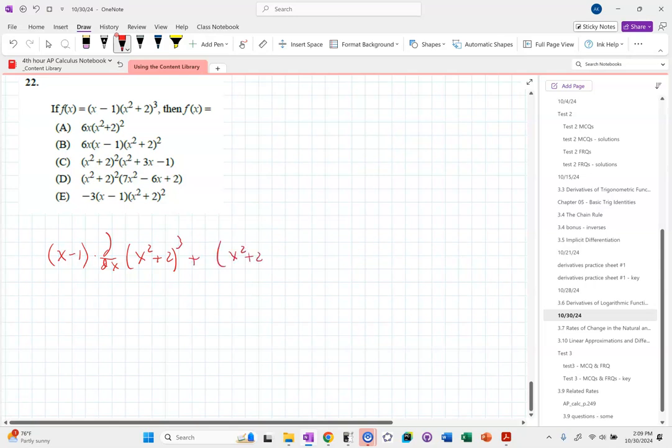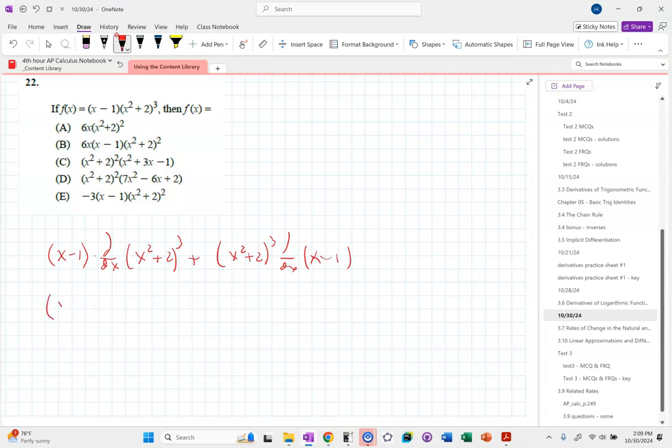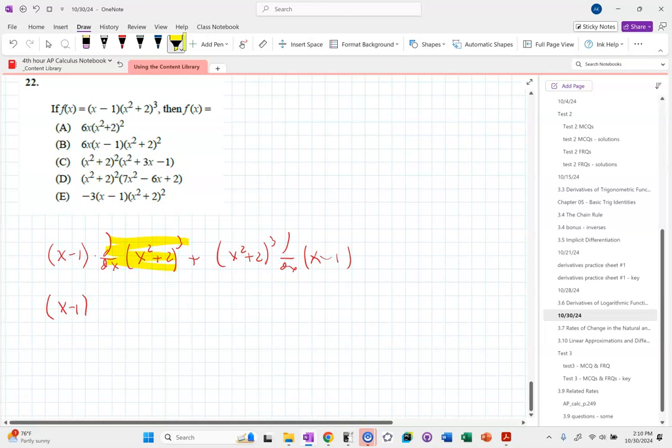So I'll start by writing out my chain rule. So far, so good. Oops, that's a minus. This derivative is a chain rule. So the outer function is like x cubed, and then the inner function is the x squared plus 2.